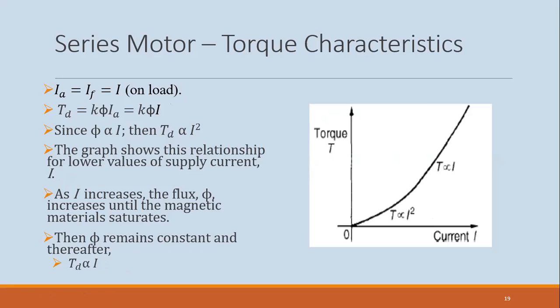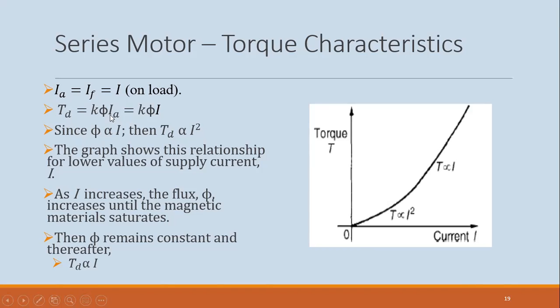Now on load, I would be equal to IA and it would also be equal to IF. And remember that torque was proportional to IA, so it's going to be proportional to I. And since the flux is also proportional to I, then the torque developed is going to be proportional to I squared.